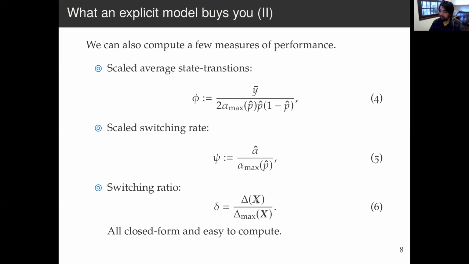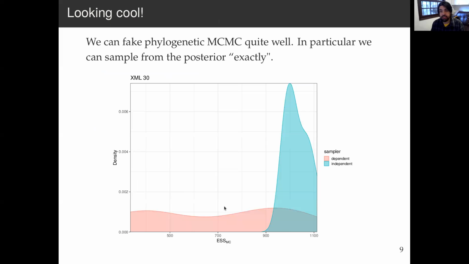And this is a bit more model agnostic in that what I'm doing here with this delta thing is I'm taking the number of transitions observed in that particular binary string, and I'm dividing that by the maximal possible number, right? So this is model agnostic, but if you wanted, for instance, to derive a confidence interval for this quantity, you could simulate under this model and then, via parametric bootstrap, get a confidence interval for this measure. They're all closed form and easy to compute.